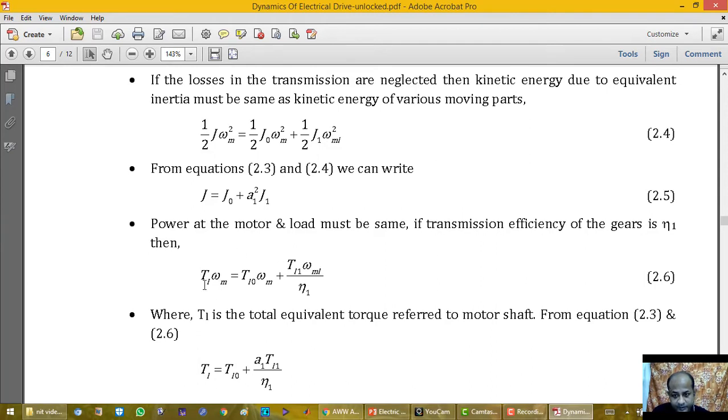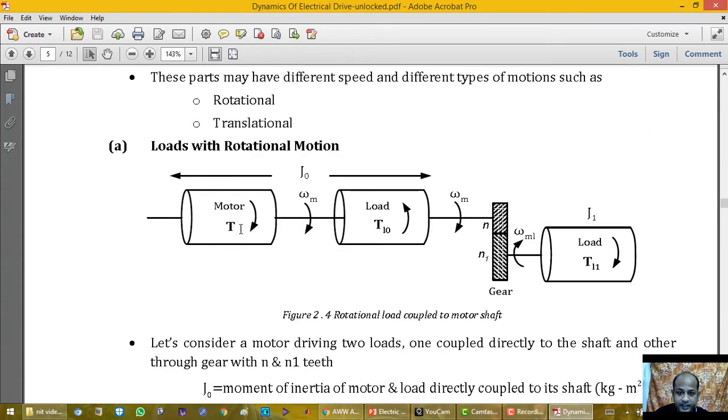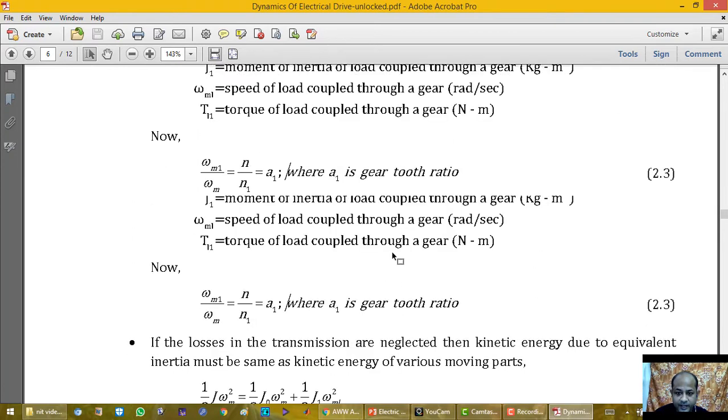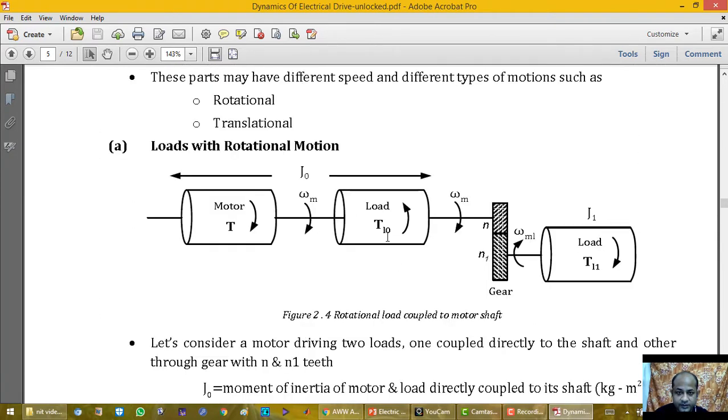This TL or T1 is my equivalent torque, which is referred to the motor side. Here the speed is omega m. So, T1 omega m equals, for this load, TL0 omega m, and for this, TL1 omega m1.